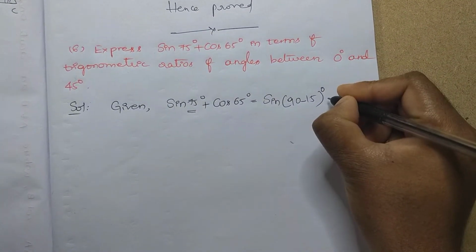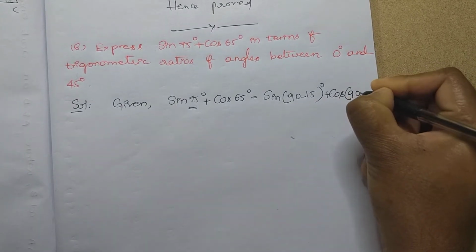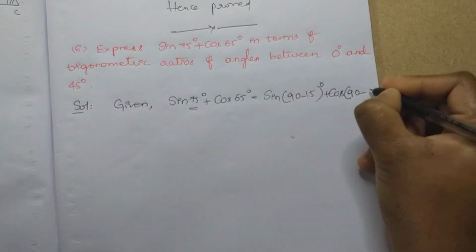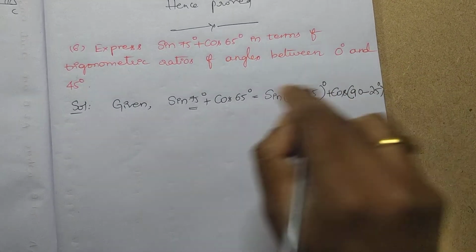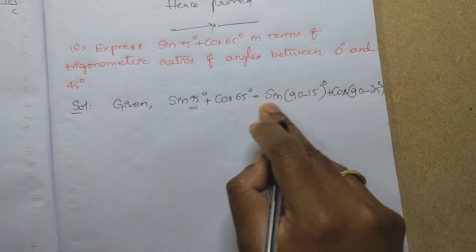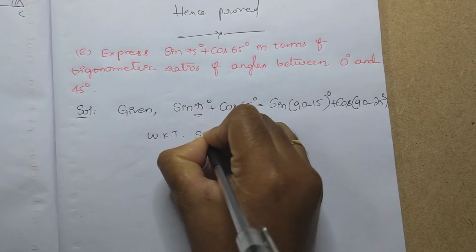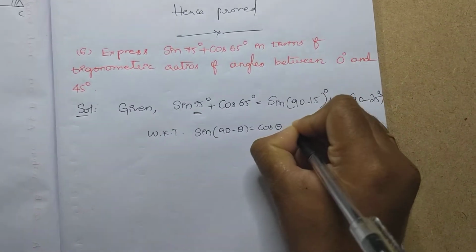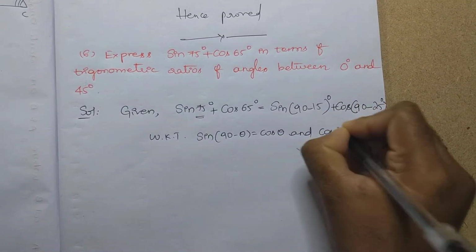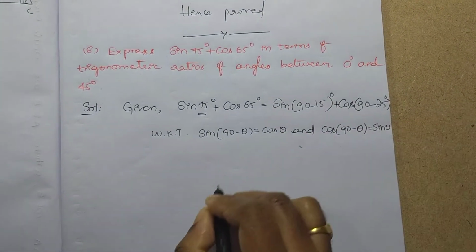In the same way, in the place of cos, cos of (90 minus 25) degrees, it's nothing but cos 65 degrees. Now write it here. We know that sin of (90 minus theta) equals cos theta, and cos of (90 minus theta) equals sin theta. Correct?